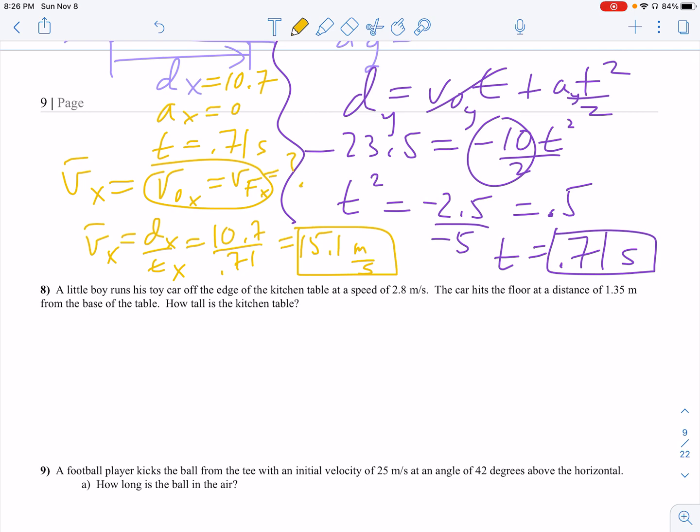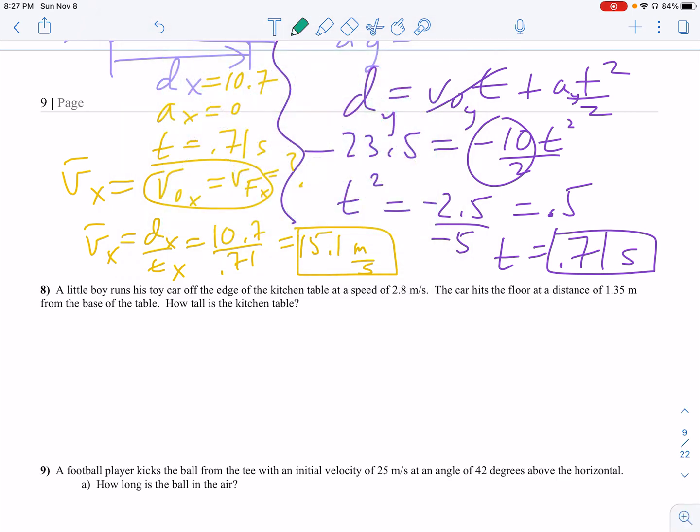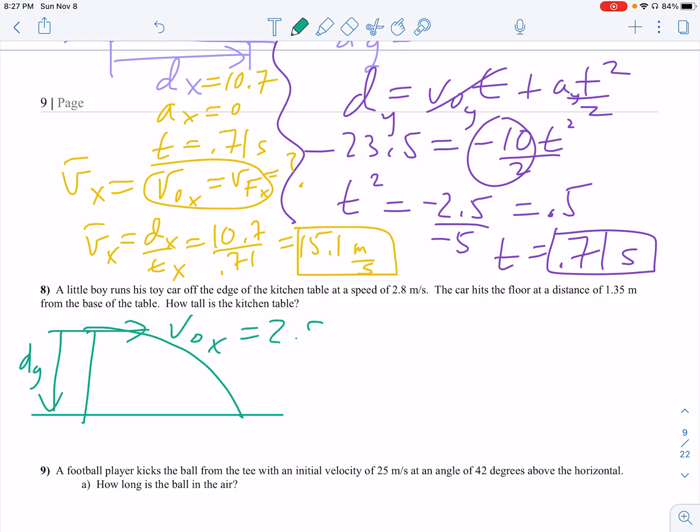Okay, so same kind of question here, but a different approach. So the car goes like this. So we're looking for dy. So VOX is 2.8 meters per second.